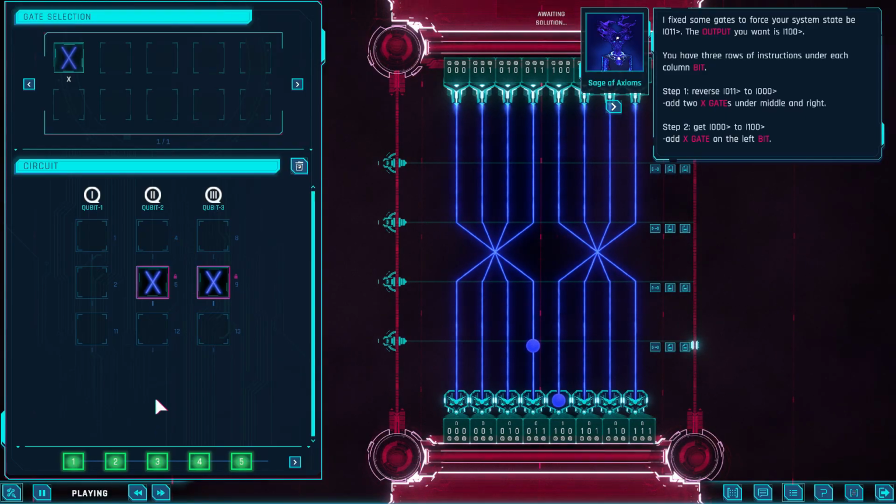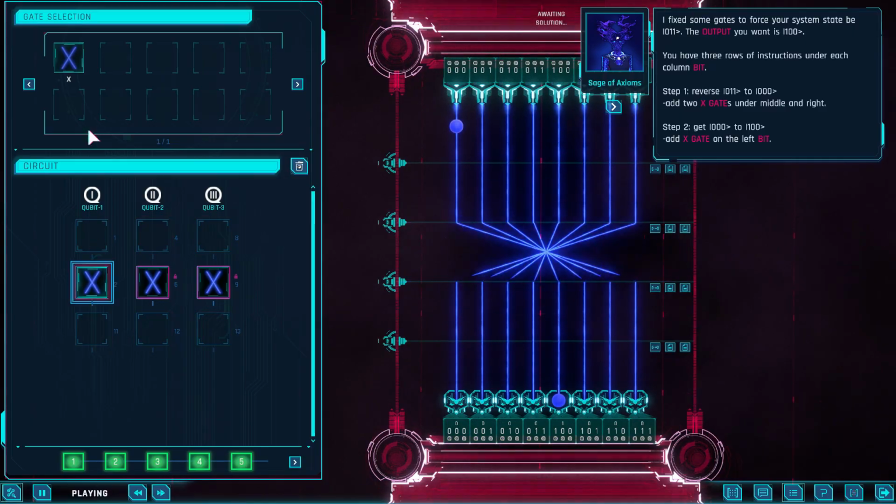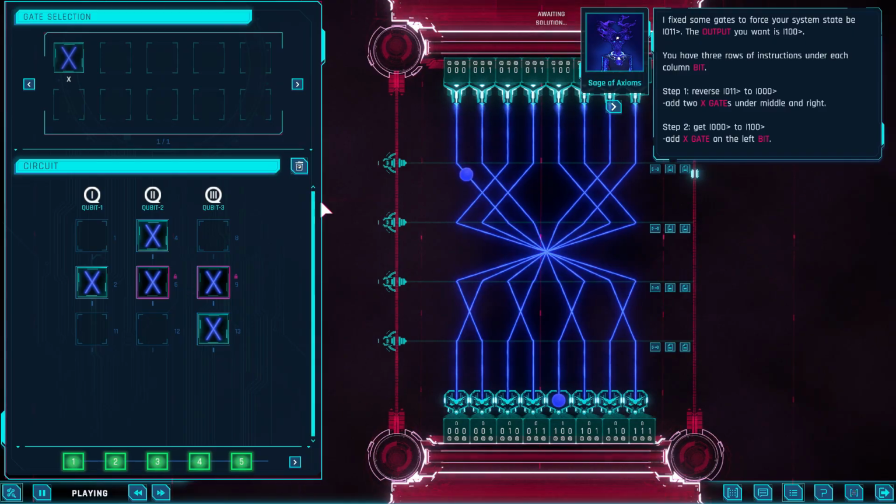Well, I know that the easiest way is just to flip all 3 bits, either here or here, as long as we have 2 bits. We have 2 bits in each of these columns and 1 bit in this column. It should work for us. So let's try this. We'll put 1 there, 1 there, and 1 there. And that produces the outcome that we desired.